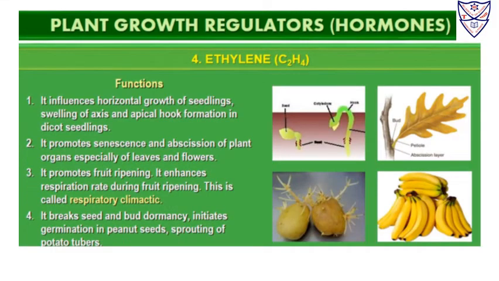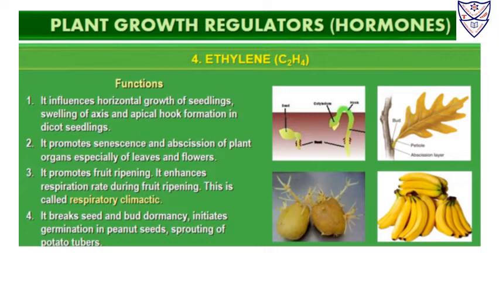Let us look at its functions. It influences the horizontal growth of seedlings, swelling of axis, and apical hook formation in dicot seedlings. It promotes senescence and abscission of plant organs, especially of leaves and flowers. It promotes fruit ripening. It enhances respiration rate during fruit ripening. This is called respiratory climacteric.